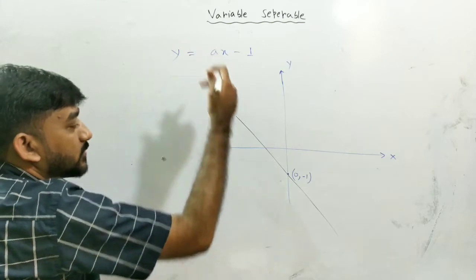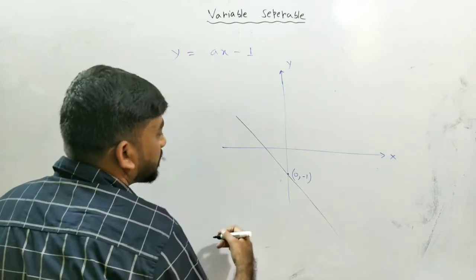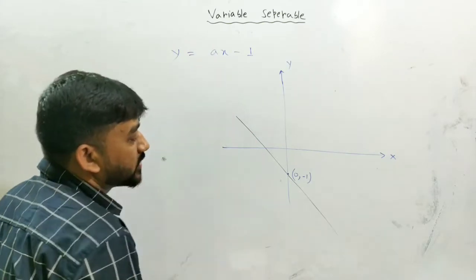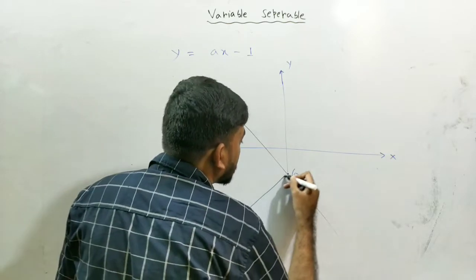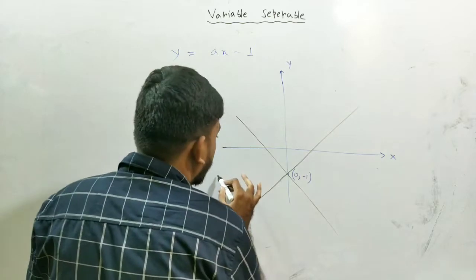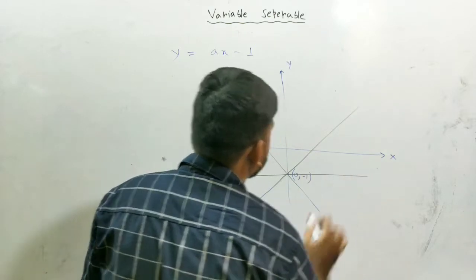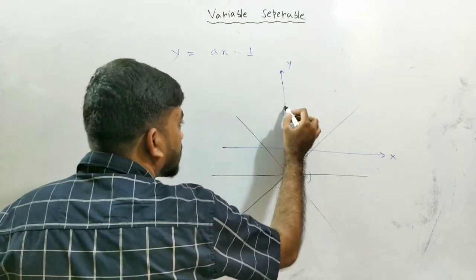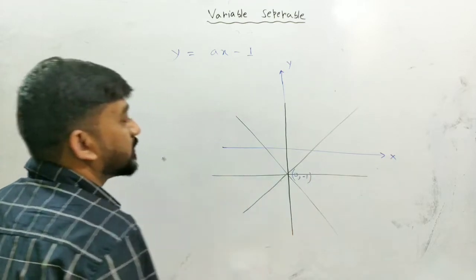Now if you change the value of a, suppose you take a as negative, then you will get a line along this direction. Similarly for different values of a, you will get different straight lines, something like this.